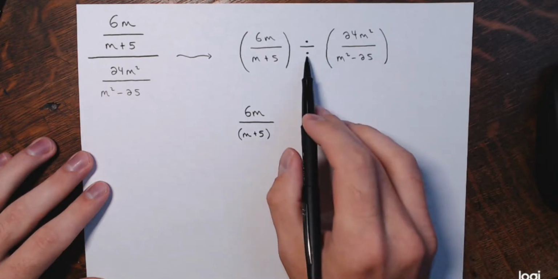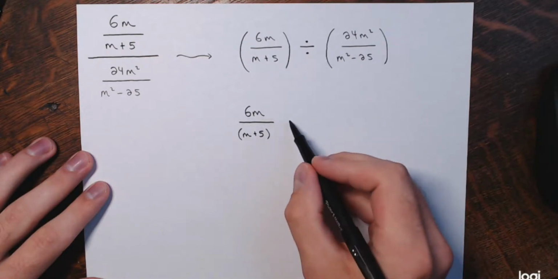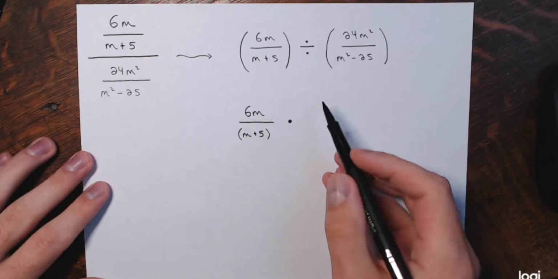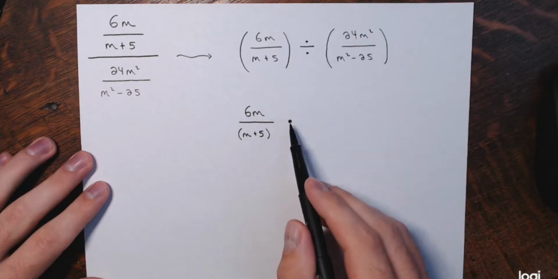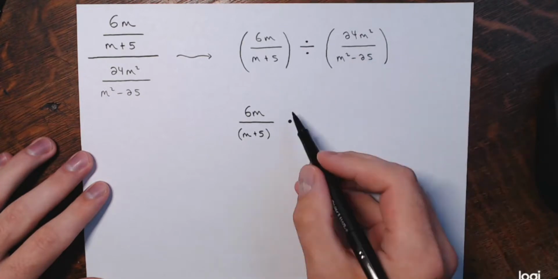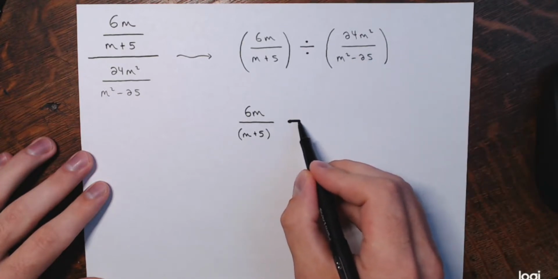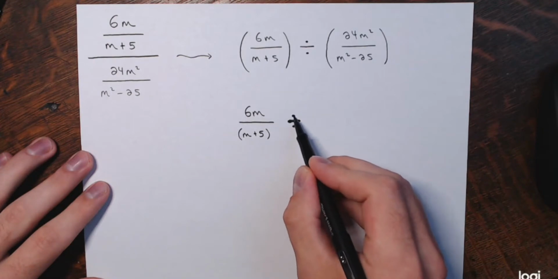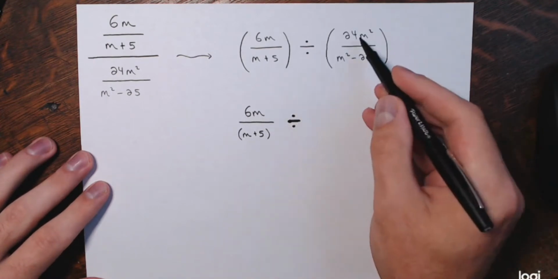And then remember, when you see division by something, you can rewrite it as multiplication by the reciprocal. Oh, you know what? I wanted to factor things first. I'm sorry. So still division.